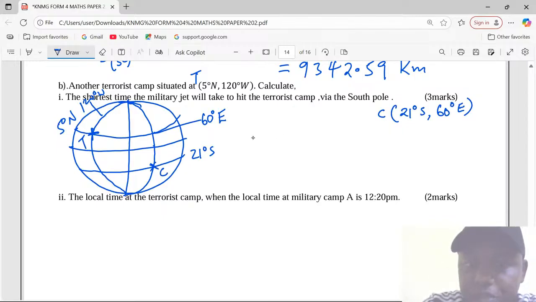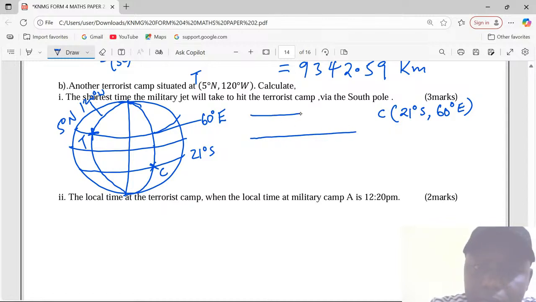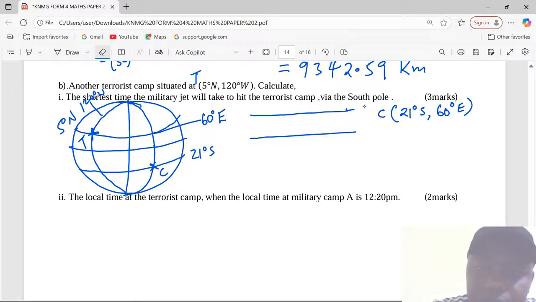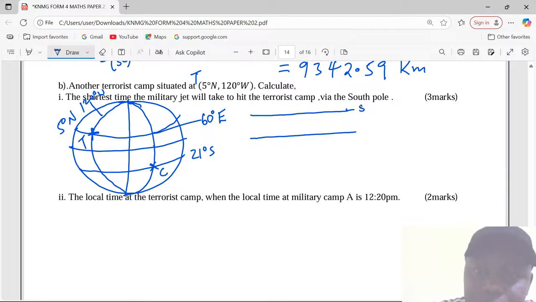Let me now show you the distance. I want to show you the great circle where we are moving through. This is a circle of latitude, which is 5 degrees in the north. I want to make sure you understand, even if you don't want to understand. 5 in the north.